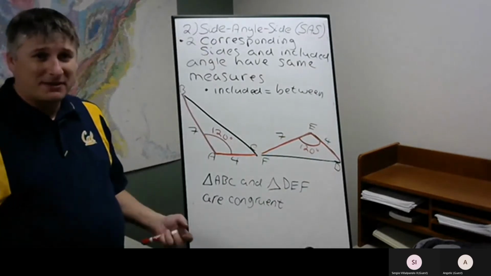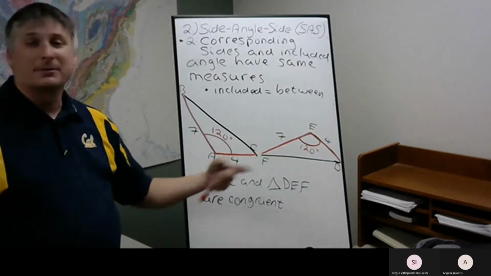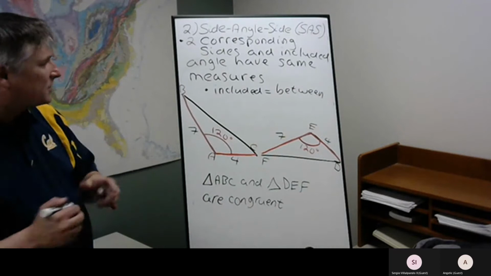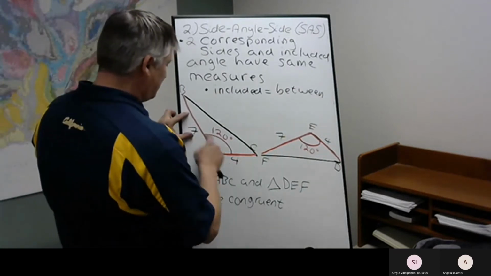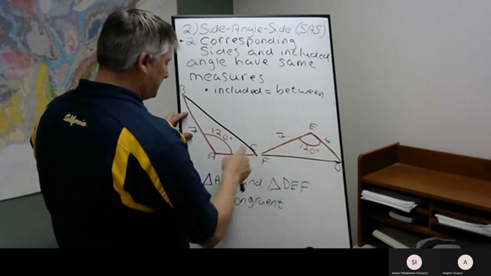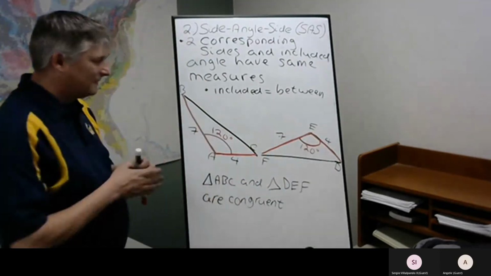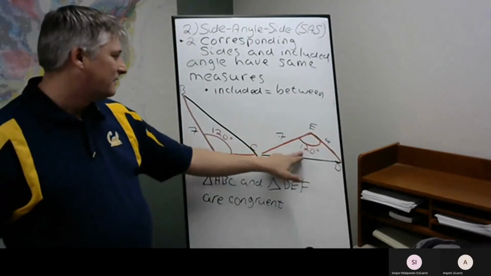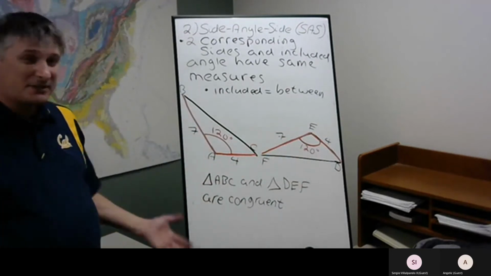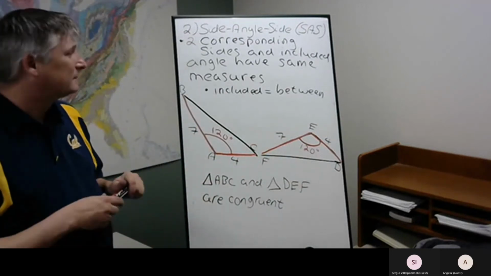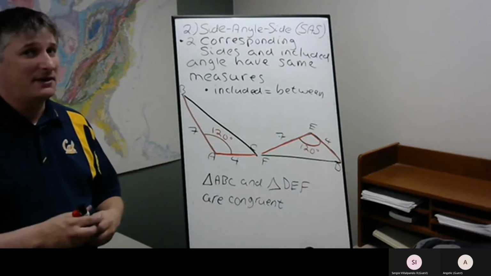They're the same shape and the same size. One of them got knocked over. When we talk about these two sides, this corresponds to that. And then we have the angle in between. And so that's the idea of side, angle, side. Any questions about that?